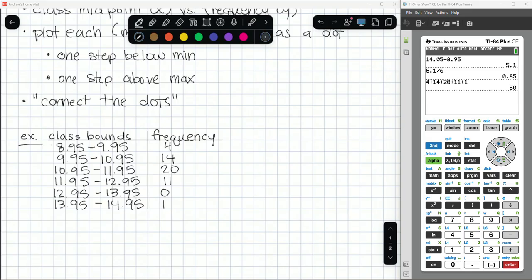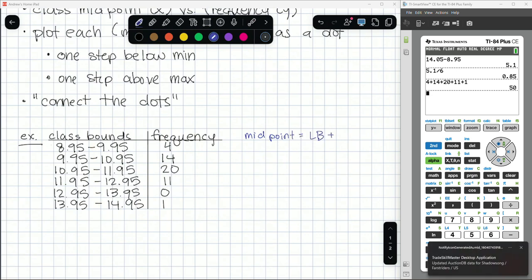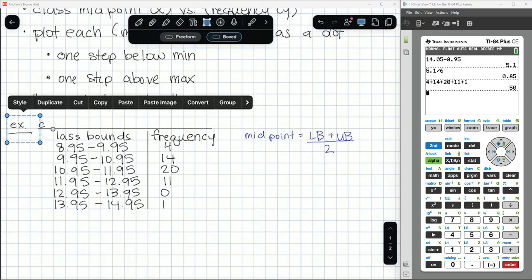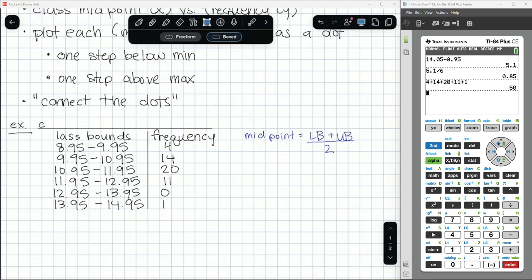So to find my midpoint, I'm going to take the lower bound plus the upper bound, and I'm going to divide it by 2. And I'm going to write those in blue next to our table. Except I did a little bit of extra erasing there that I didn't mean to do.